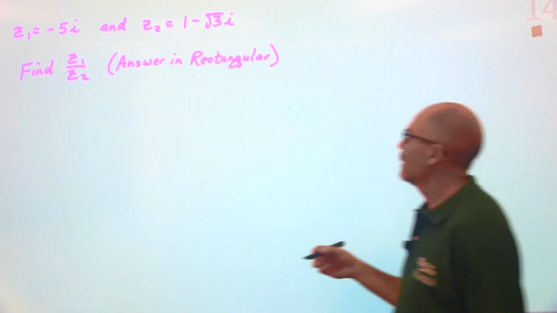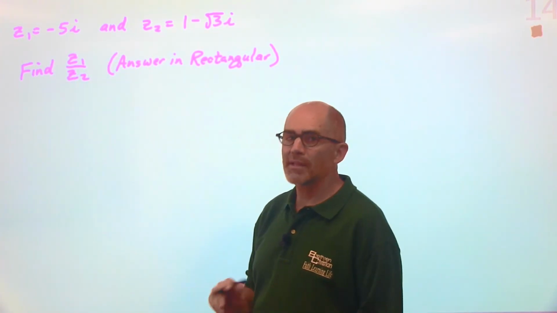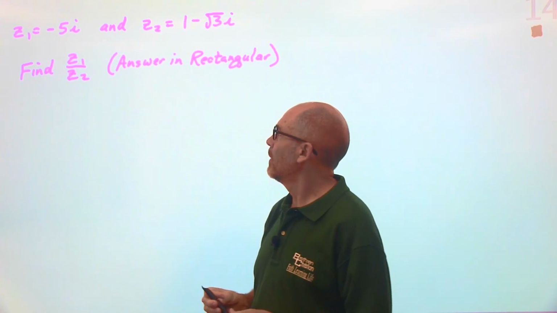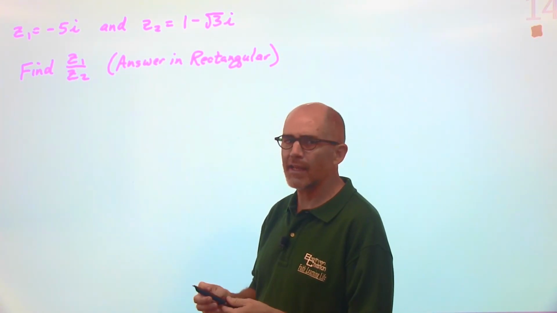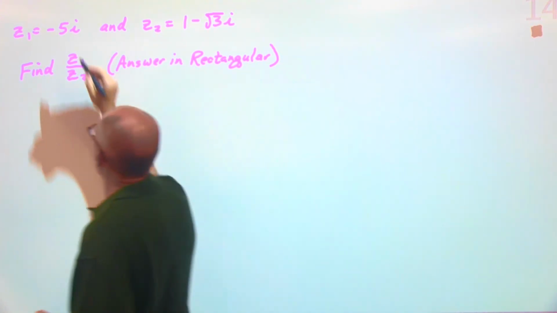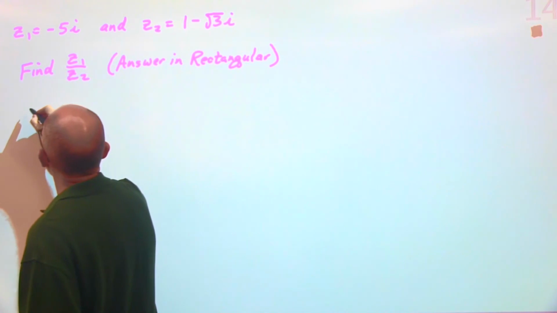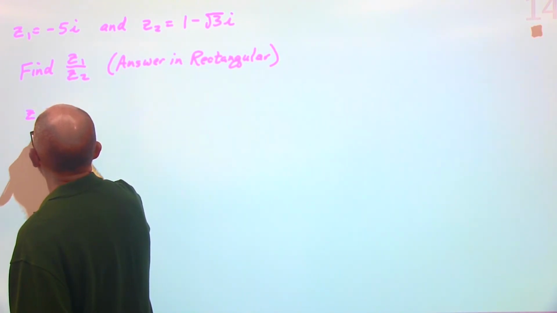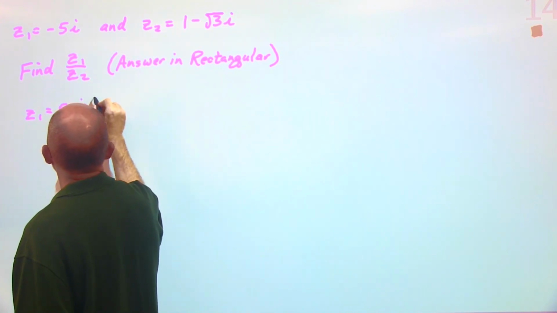And notice it's negative 5i. So I don't mess around with r cosine theta plus i sine theta, all that junk. All I know is negative 5i is straight down. Well, what angle is straight down? That's 3 pi over 2. So it's 5 cis 3 pi over 2.